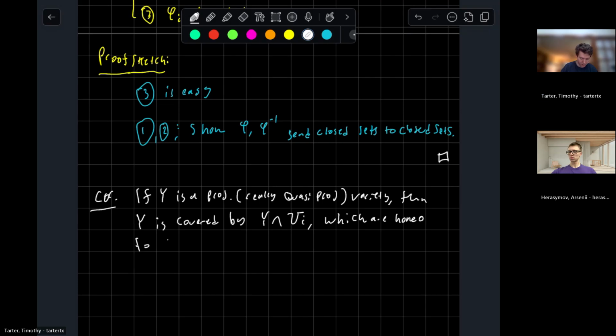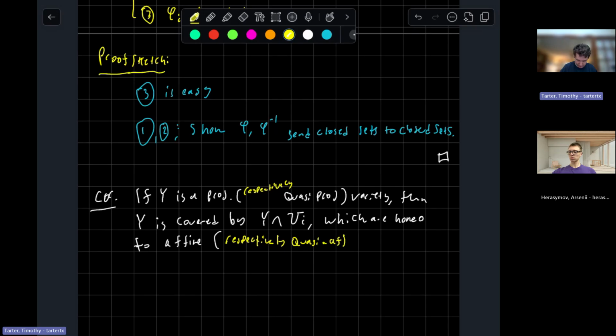And actually, this isn't quite right, this is respectively. So this holds for both, is really what I'm saying. Which are homeomorphic to affine, respectively quasi-affine, varieties.